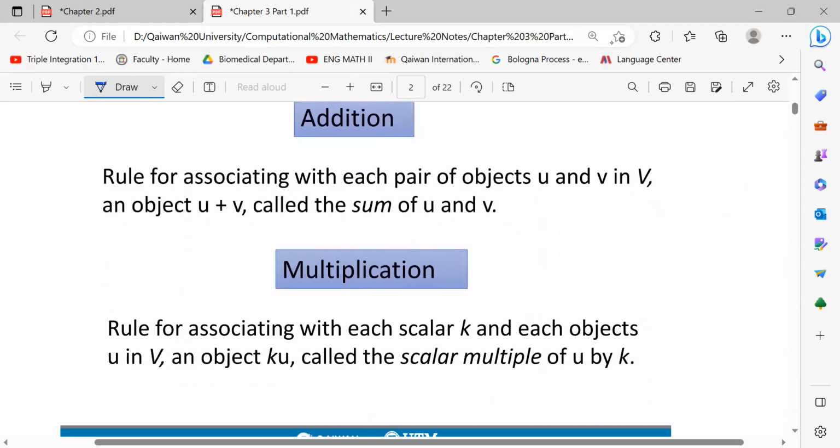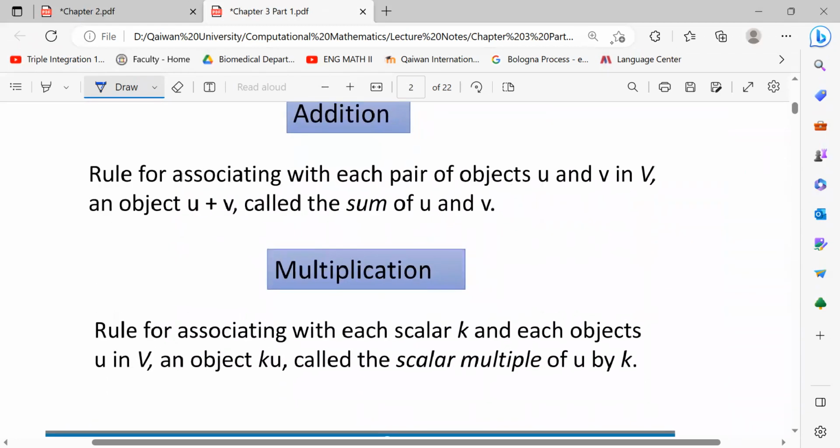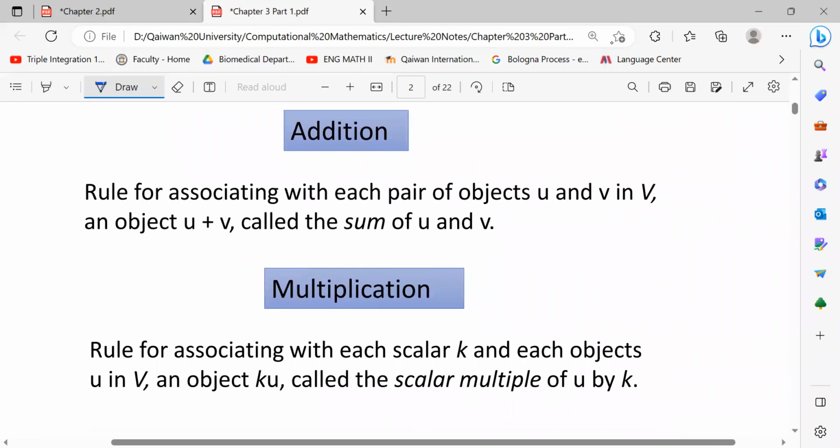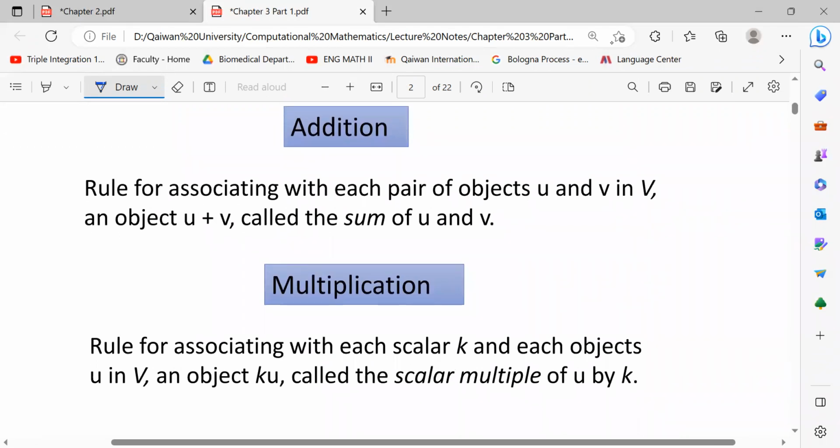It must satisfy these. These two are the conditions. Okay, the components of V should satisfy these two conditions. For these two conditions, we have some sub-conditions.